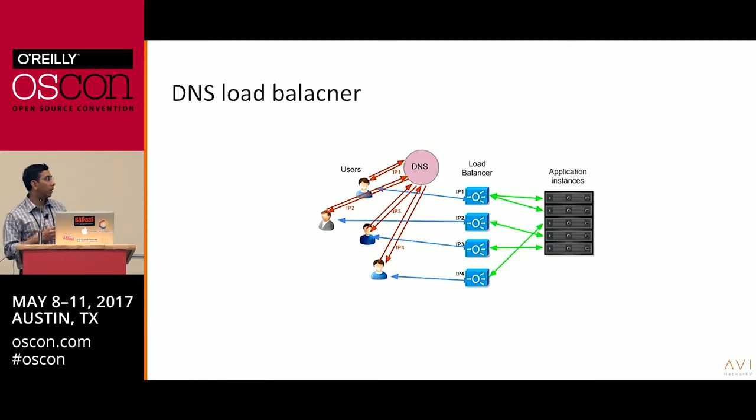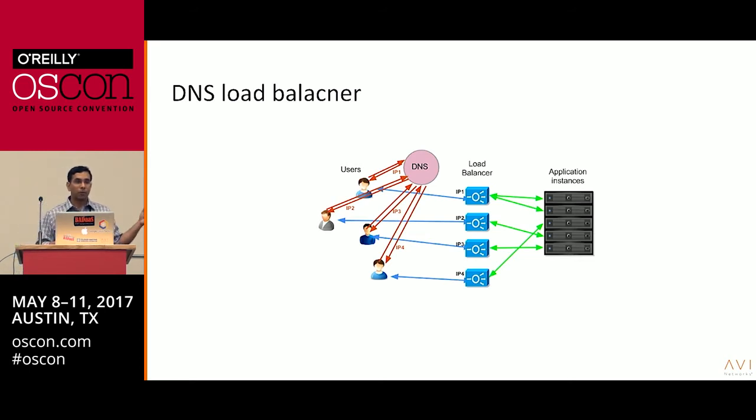DNS works in this way. Every user goes to www.facebook.com and gets an IP address. Now, this IP address can be different for different users. So depending on that IP address, that user connects to a smaller load balancer. And that's exactly how ELB works in AWS.